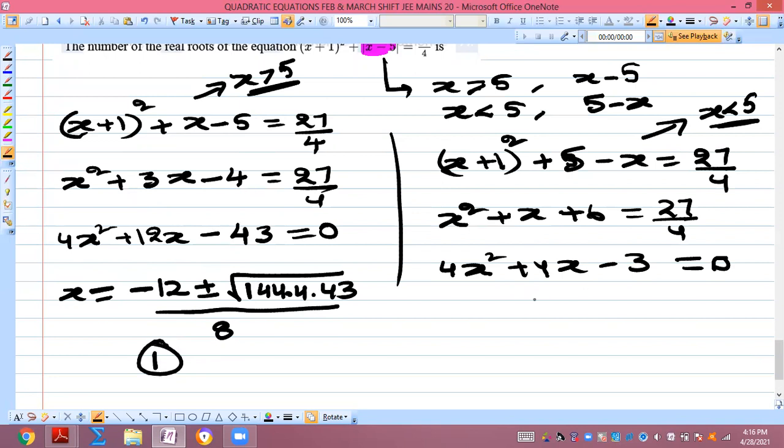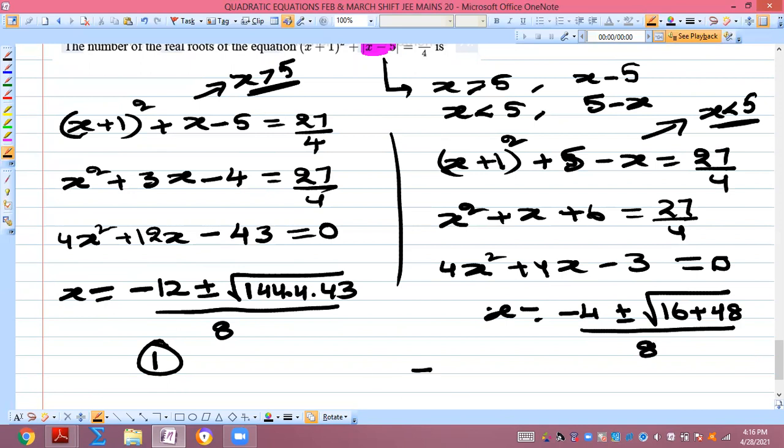Now check the discriminant of this in the same way. x is equal to minus b plus or minus square root of b square 16 plus 4ac, that is 48, by 8. So if you see, minus 4 plus or minus 16 plus 48, it will be 8, so by 8. One case is 8 minus 4 by 8, so it will be 1 by 2.